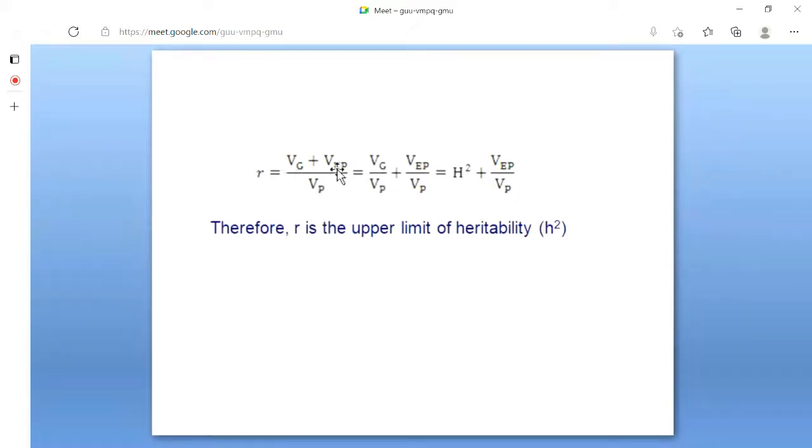VG by VP is nothing but the heritability in the broad sense, and this component is the extra one. So that's why repeatability is called the upper limit of the heritability. Its value is bigger than the heritability, since it includes the permanent environmental factors.